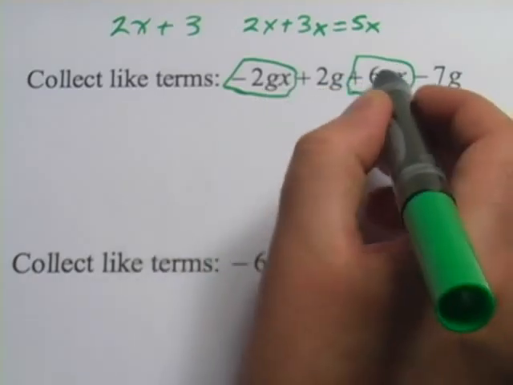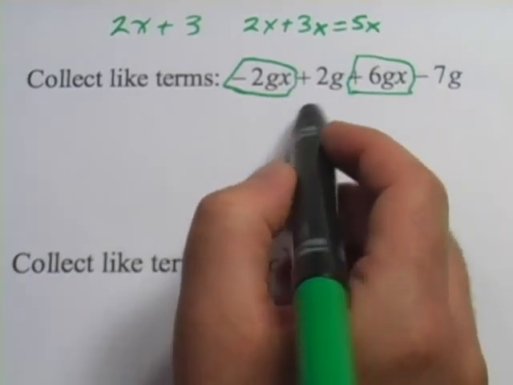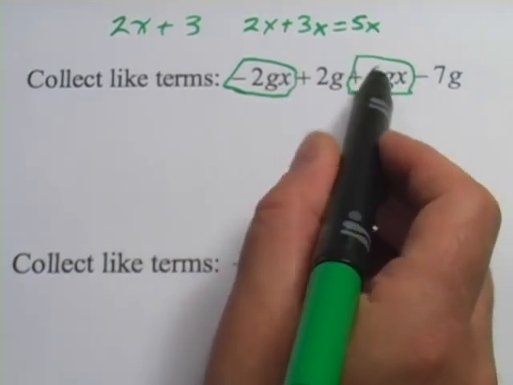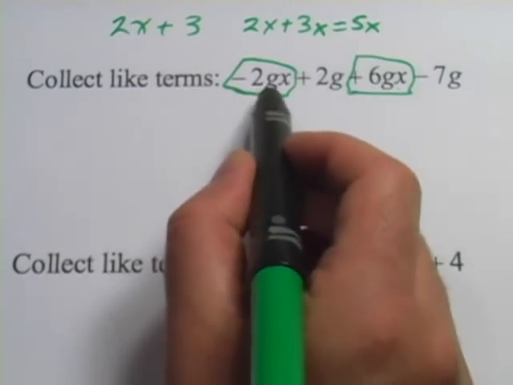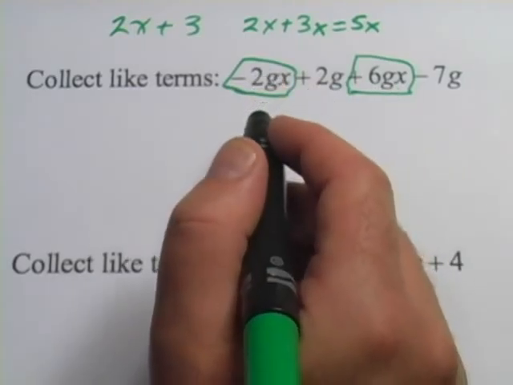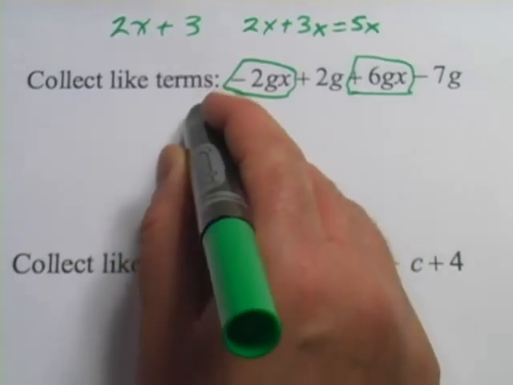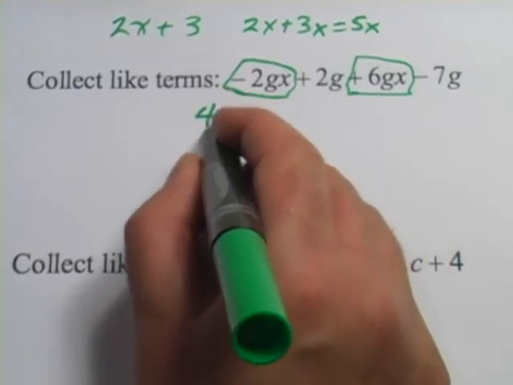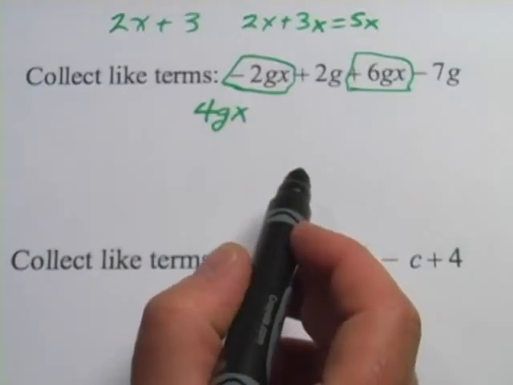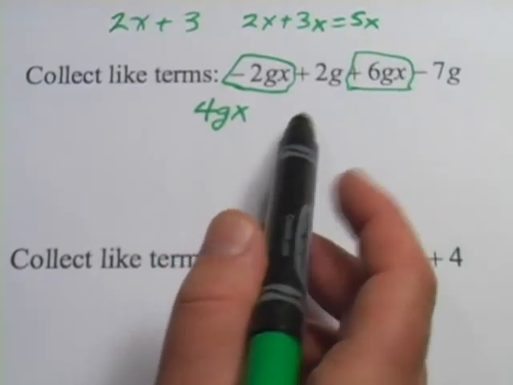So those two we could go ahead and combine or collect together. And we're just going to add them. A +6 and a -2, if you were going to put together a +6 and a -2, you would end up with 4gx.